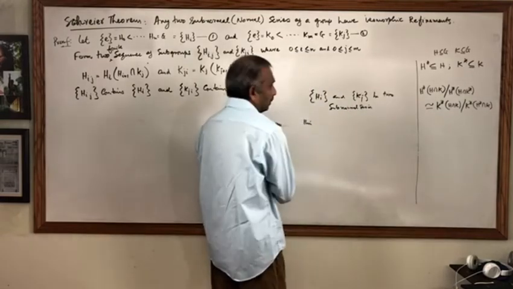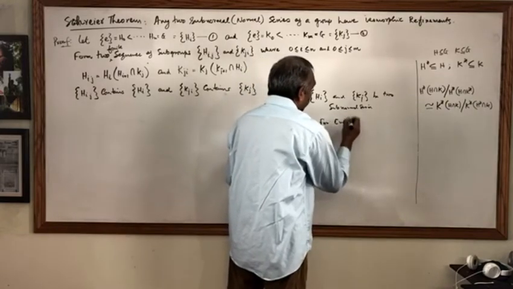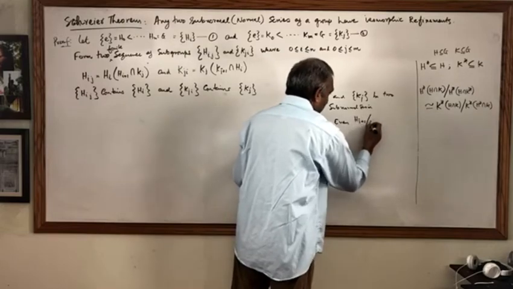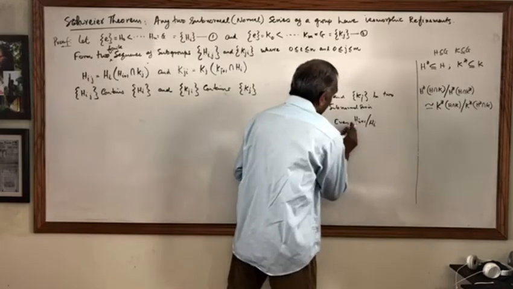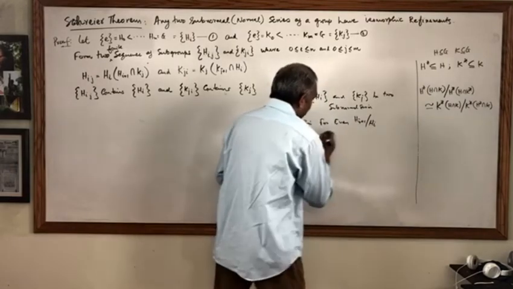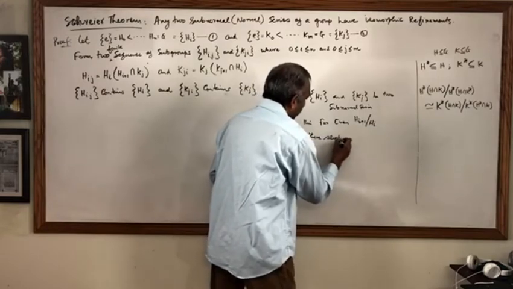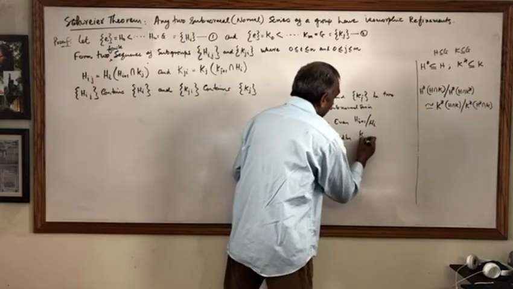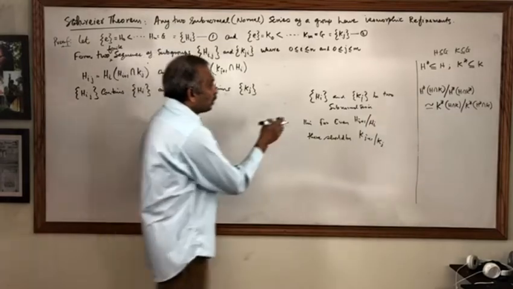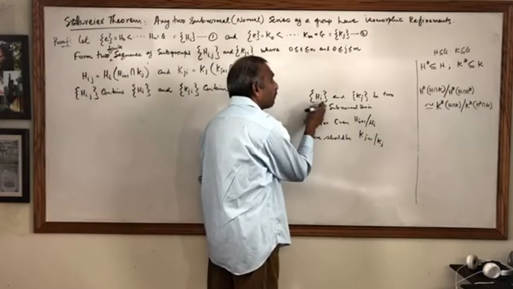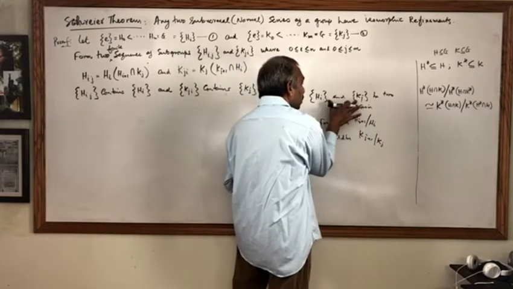Then for every i plus 1, Hi plus 1 over Hi, there should be a Kj plus 1 over Kj. There should be a one-to-one correspondence between the factor groups in this series with the factor groups in this series. That is what we want to find.